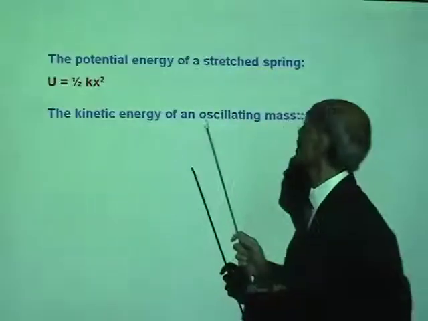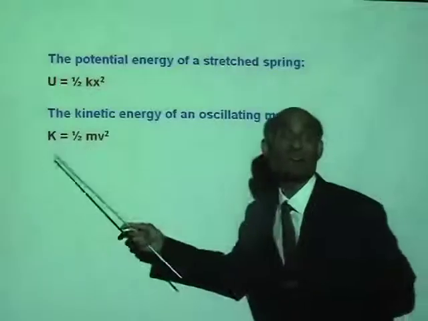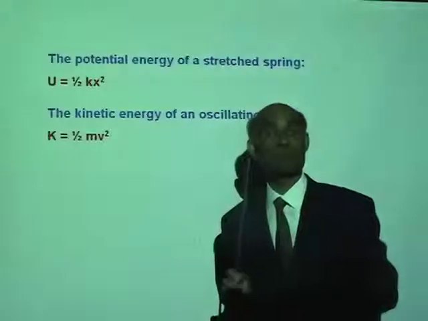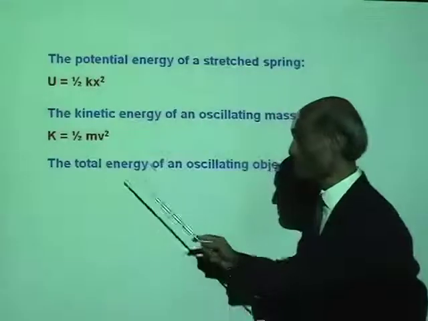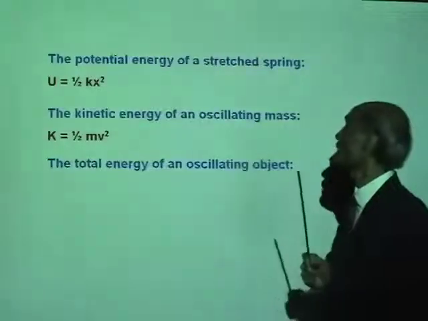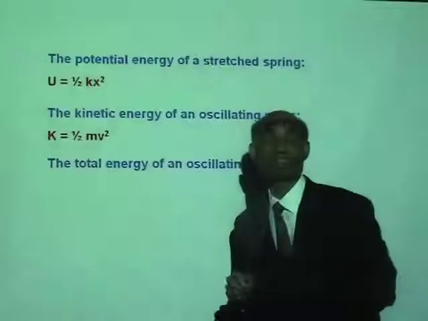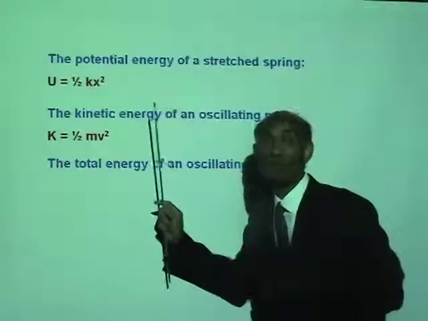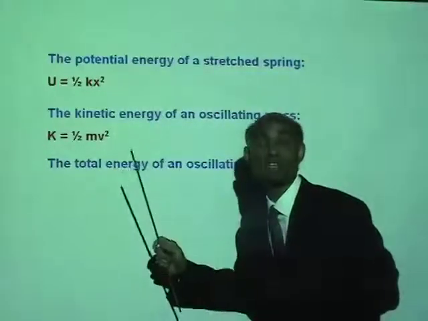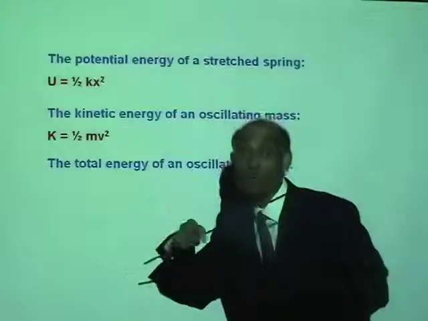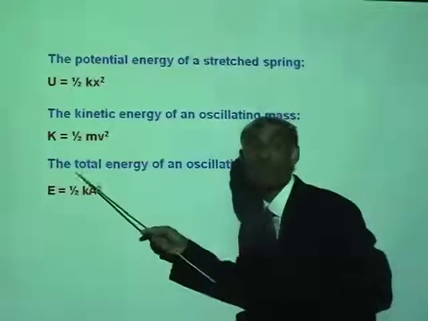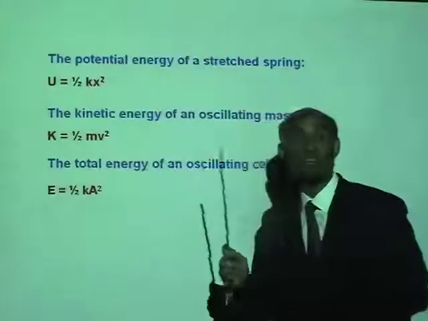Kinetic energy of an oscillating mass, of course, is K equals 1/2 m v squared. What is the total energy of an oscillating object? The total energy is made up of the potential energy and the kinetic energy, and we know that the total energy remains a constant and is equal to 1/2 k A squared.